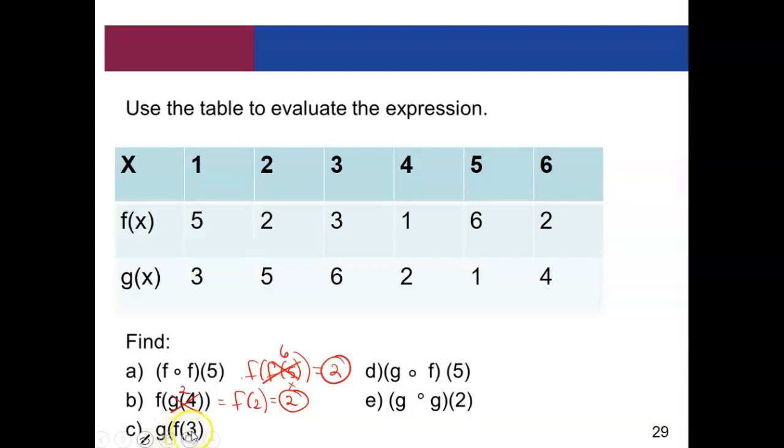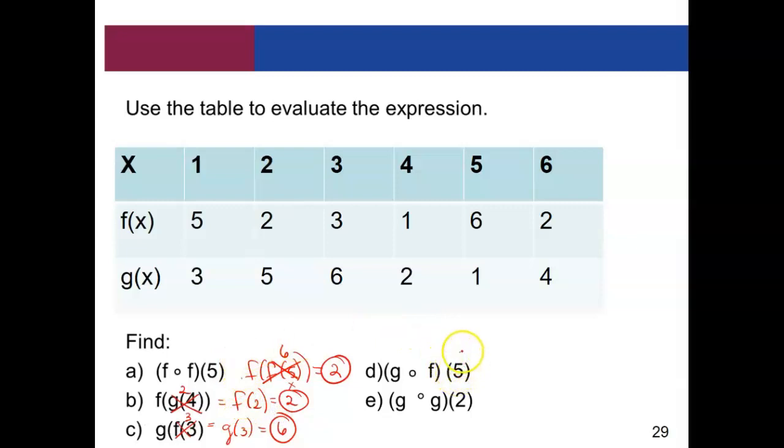Next we have g of f of 3. So I'm going to go to where x is 3 and get the f function, which is 3. And then I need to find g of 3. Okay, so I'll go to where x is 3, and I'm going to get the g function, and that's going to be 6.